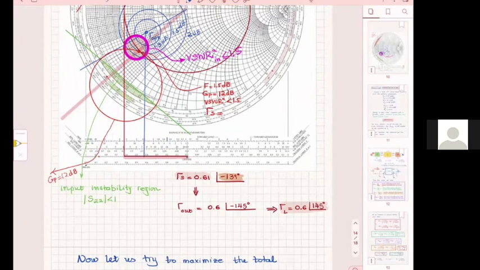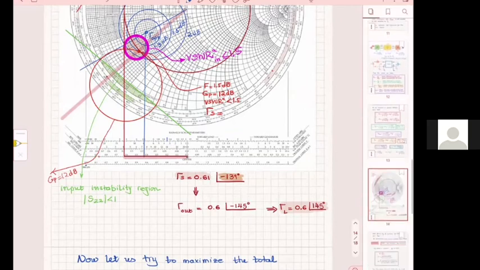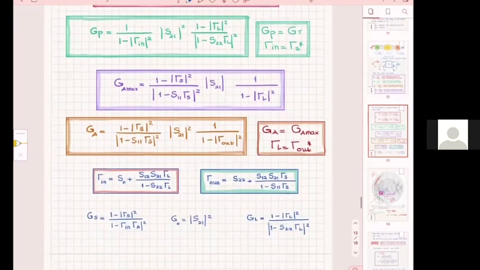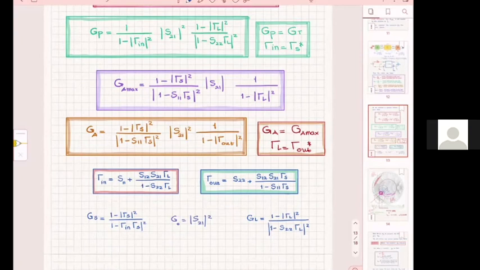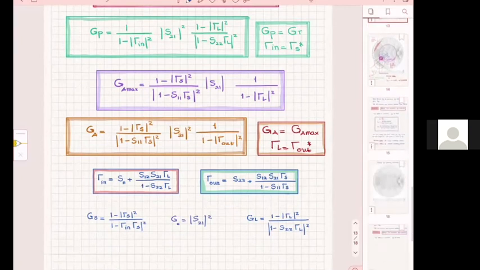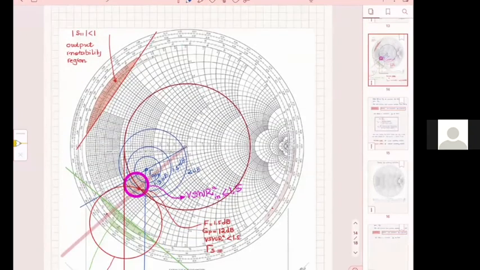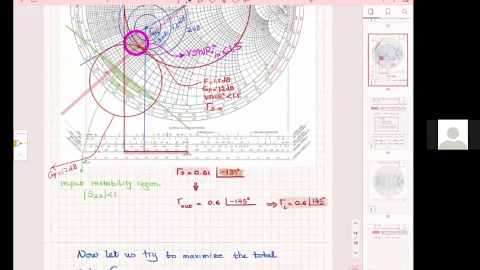Then from the formulas I gave you, which are here, from gamma S I can find gamma out, and from gamma out complex conjugate I can find gamma L. So what I have now is gamma S, gamma out, and gamma L. If I know gamma S and gamma L, I can design the input and the output matching networks.